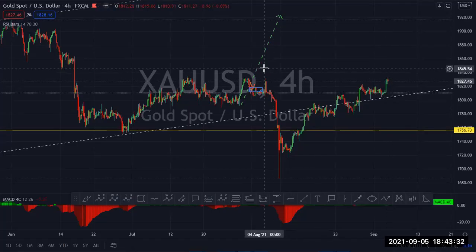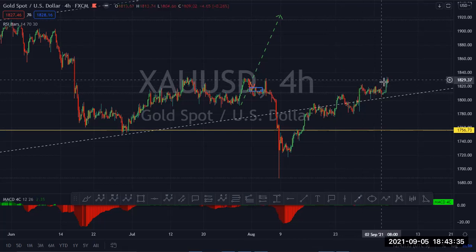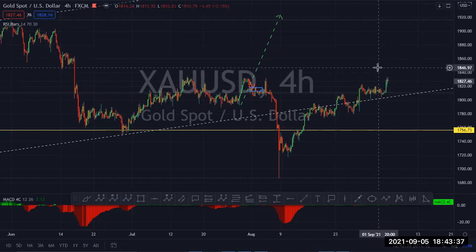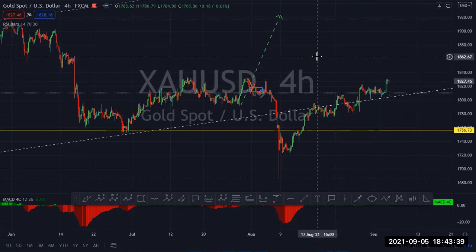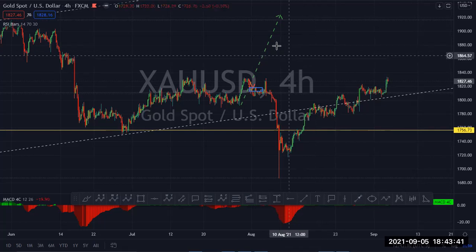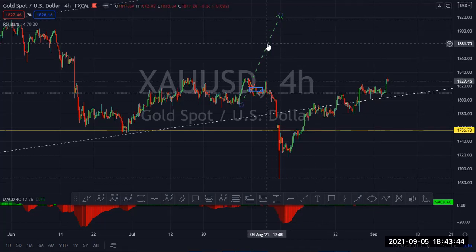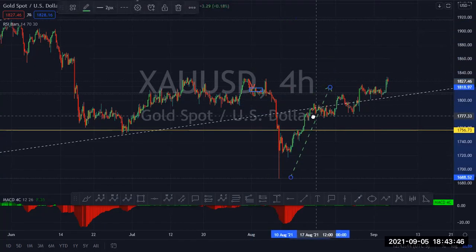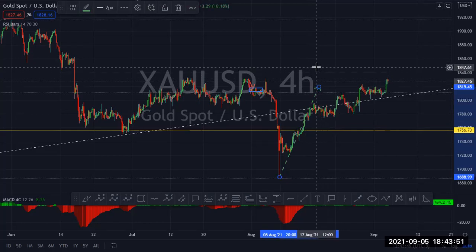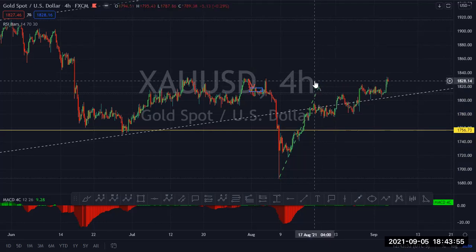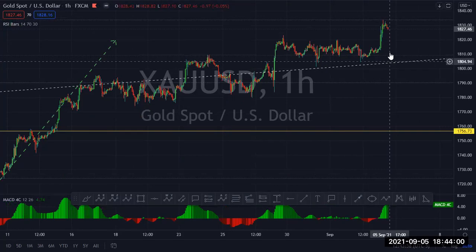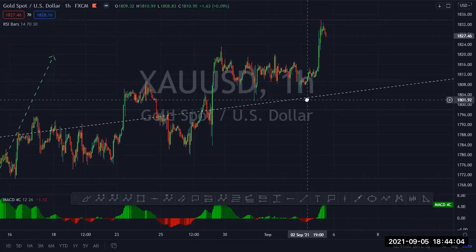Okay, so you can see we are getting a gradual bullish move. And what we have to do on this type of session is use 1 hour to find out how we will enter, if we are going to buy or sell.